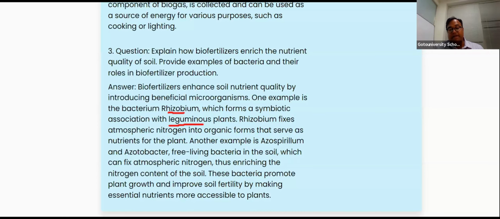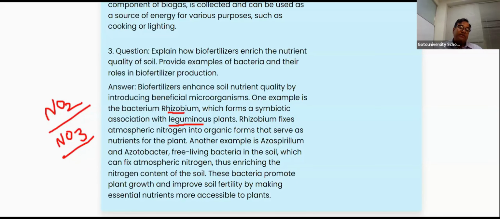This rhizobium bacteria growing along the leguminous plant root has the ability to produce nitrogen in the available form that we call nitrite and nitrate. So we need to understand nitrite and nitrate are produced in huge volume by the nitrogen fixing bacteria rhizobium.